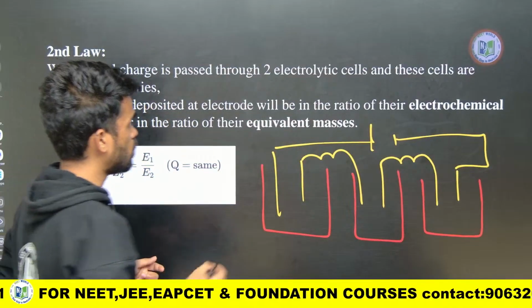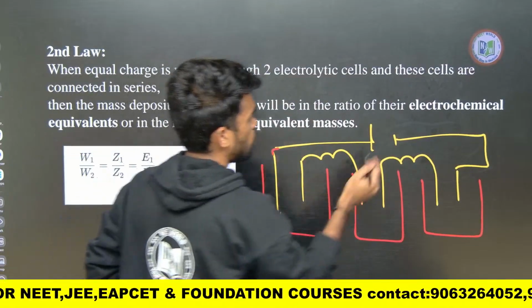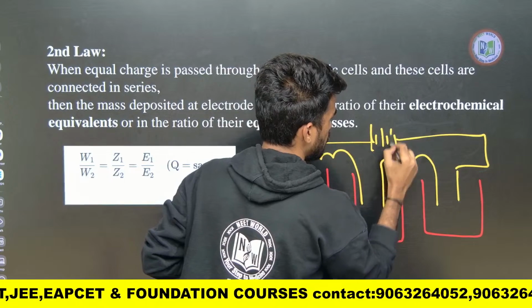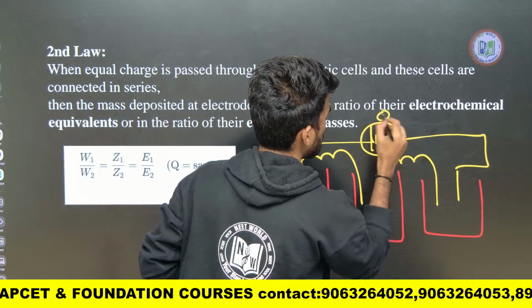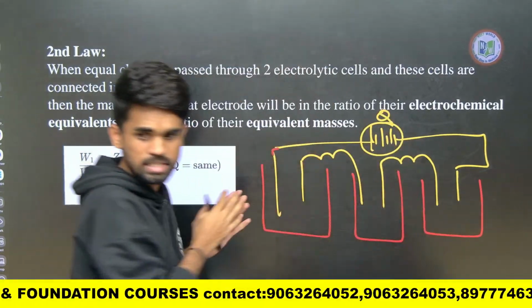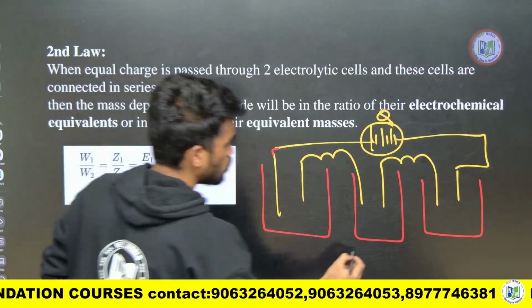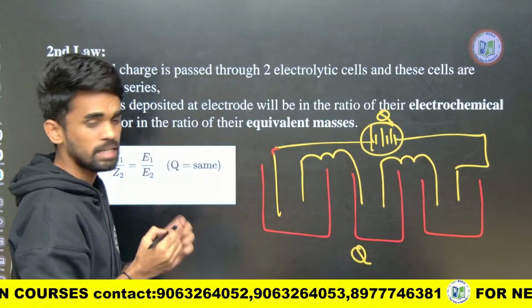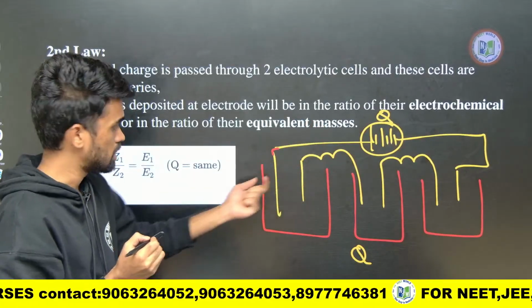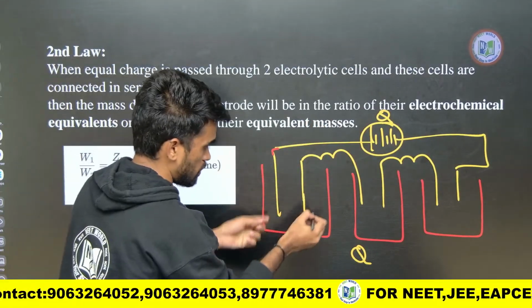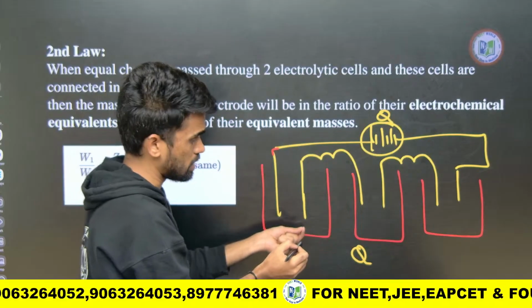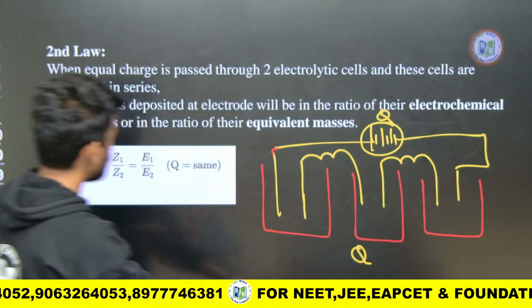Since they are in series, whatever quantity of electricity passes is constant, the same in all these 3 electrolytes. So whenever this Q is the same, the quantity of the substance deposited from these electrolytic solutions will have a ratio like this.